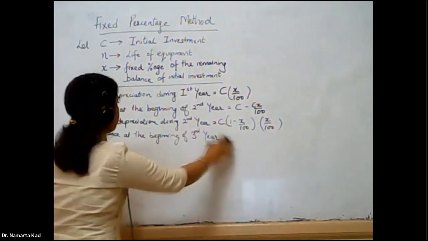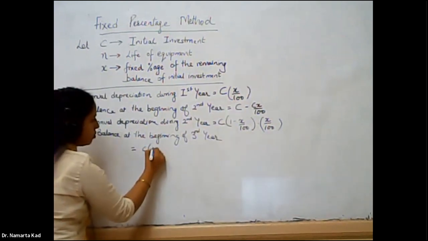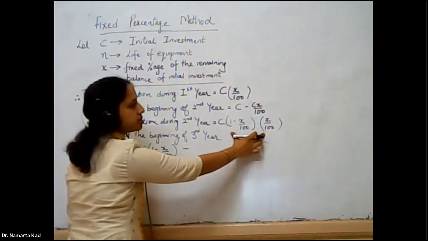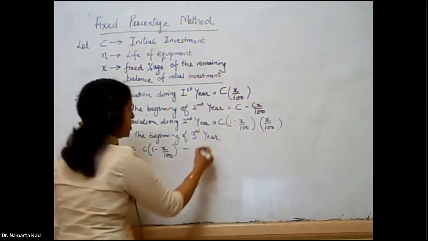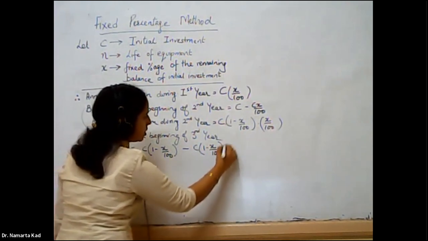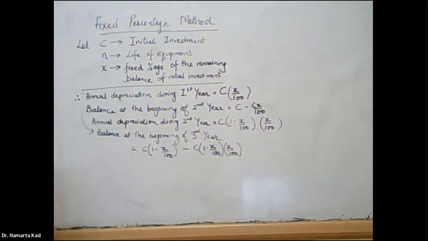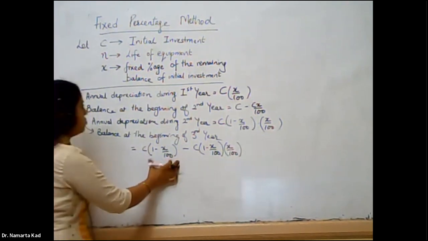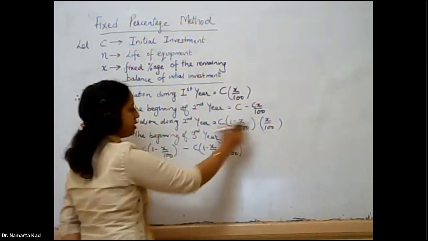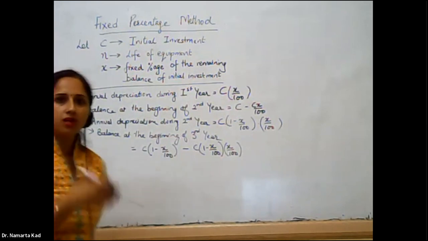Balance at the beginning of third year comes out to be this starting amount, that is C into 1 minus X by 100, minus this depreciation, that is C into 1 minus X by 100 into X by 100. Okay, like this. So this is our amount at the beginning of second year and this is the depreciation during second year. इन दोनों को subtract कर दोगे and that will act as the balance at the beginning of third year.